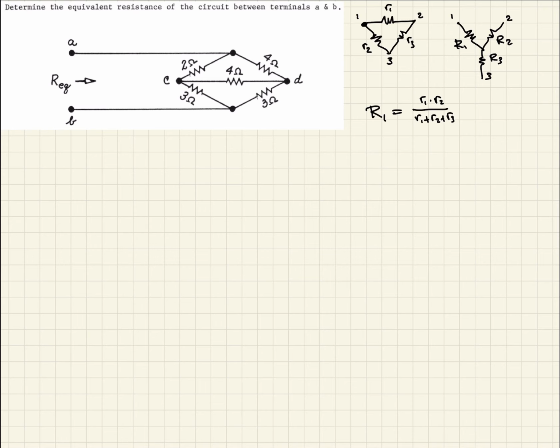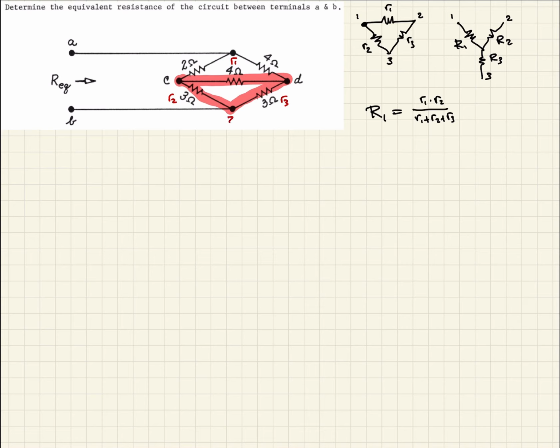So if we look at our circuit, we see that right here we have this delta configuration that we just mentioned. And so in this case, our lowercase r1 would be the 4 ohm, our lowercase r2 would be the 3 ohm, and then our lowercase r3 would be a 3 ohm.